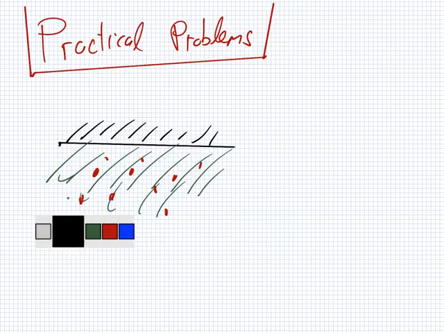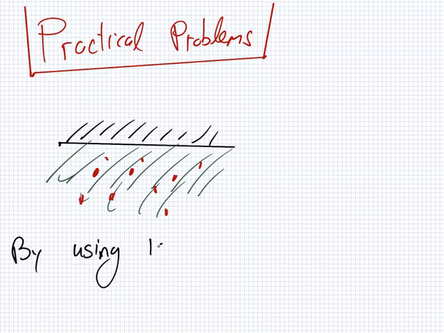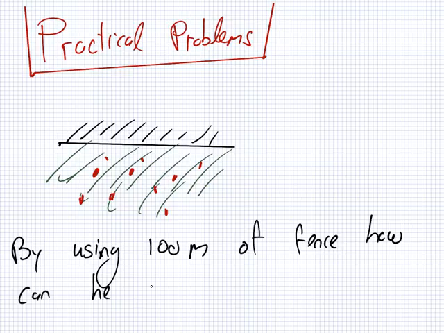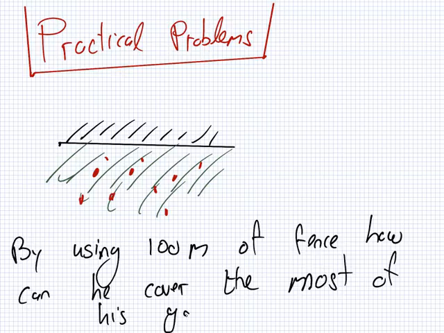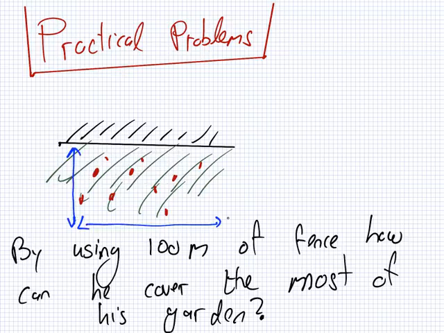So, the question is, by using 100 meters of fence, how can he cover the most of his garden? He only needs to make 3 sides because he already has a wall.